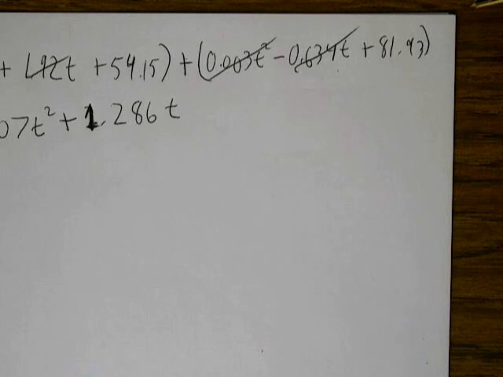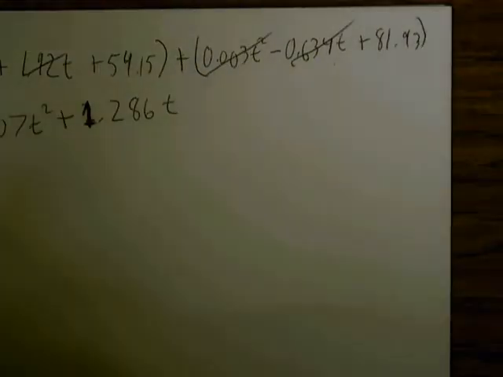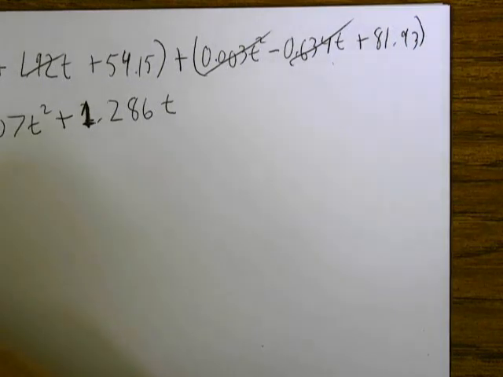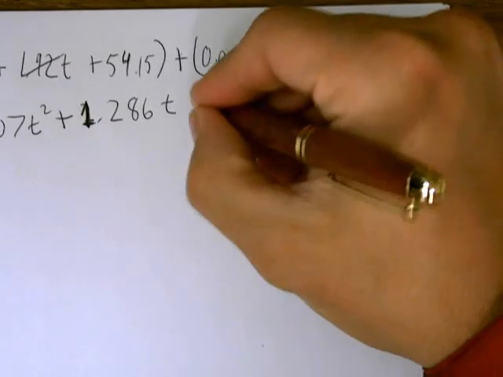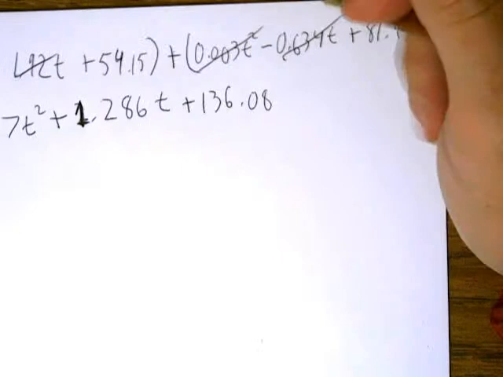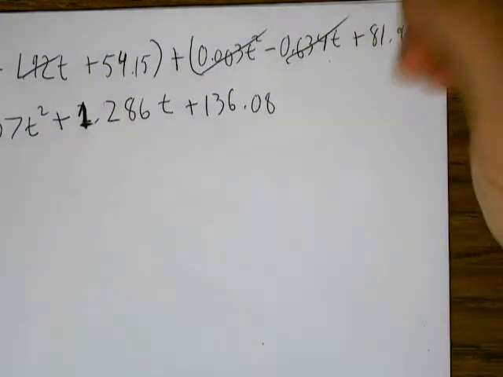Finally, I just have the numbers to take care of. 54.15 plus 81.93 is 136.08.